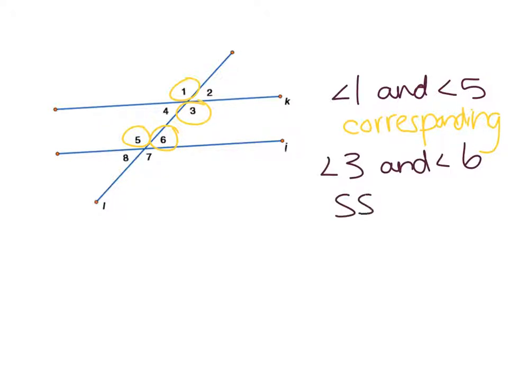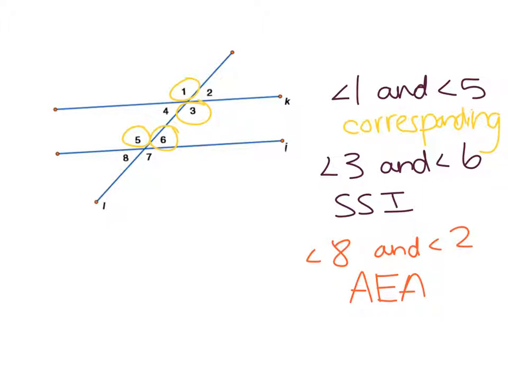They are same side interior, abbreviating there. What about angles 8 and angle 2? They're alternate exterior angles. Okay, so as you get more familiar with these, I could ask you any relationship and you should be able to solve.